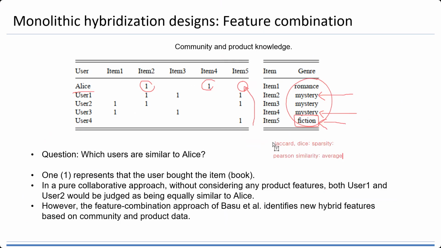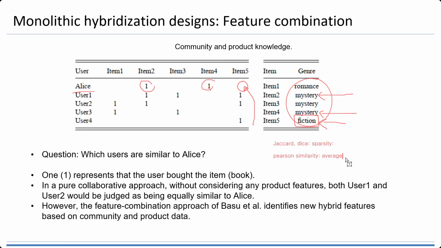If you still remember, when you use Pearson similarity, we subtract the rating with the average of the ratings. If you have only one product, let's say user 4, then the average rating will be biased.